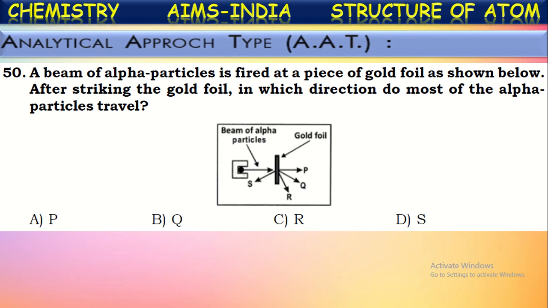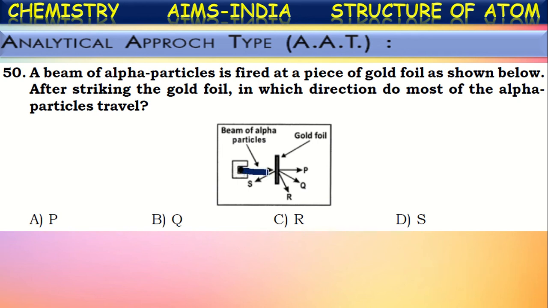He arranged a screen around the gold foil. Then he observed that most of the alpha particles, after striking the gold foil, passed through the gold foil without any deviation. Most of them directly passed through the gold foil. So if you observe here, they have mentioned the direction of the alpha particles in different ways.